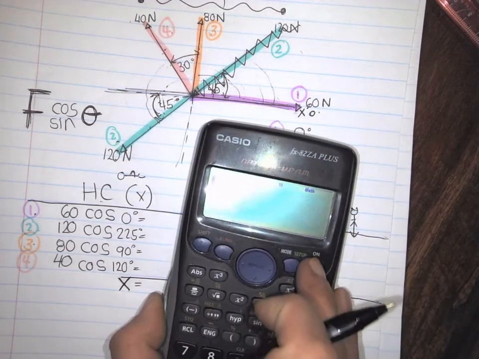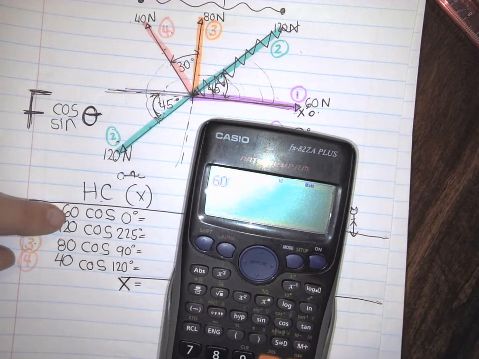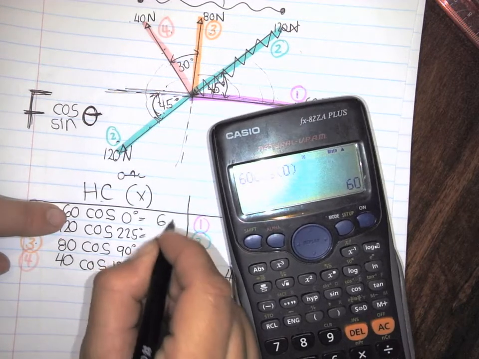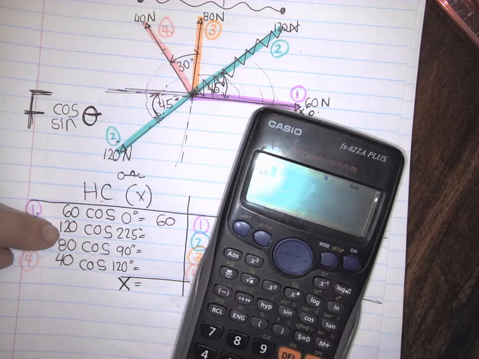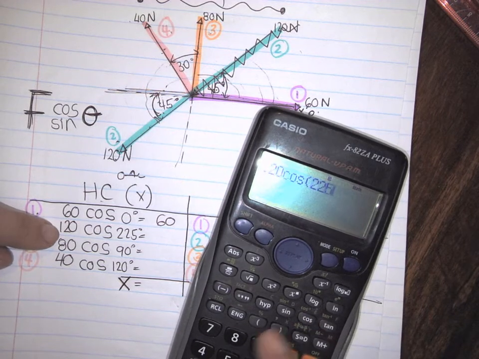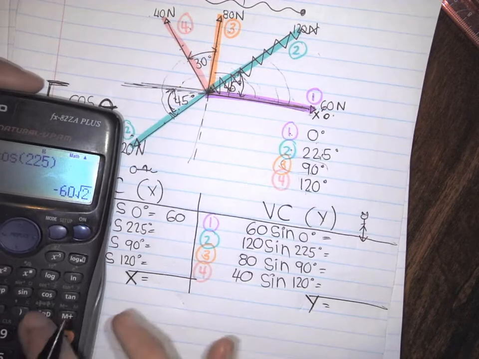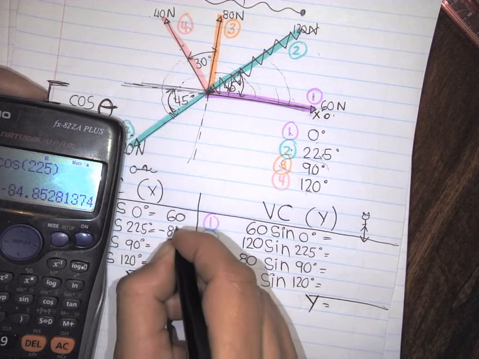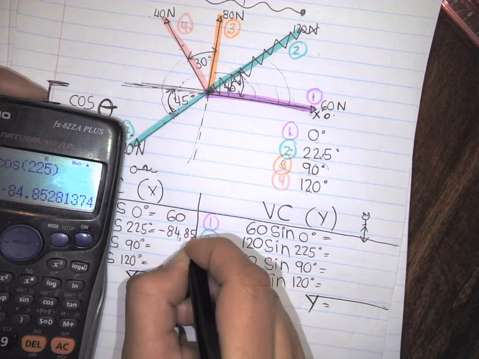Alright, so let's put this in now. 60 cos 0 gives me 60. 120 cos 225 gives me minus 84,85.